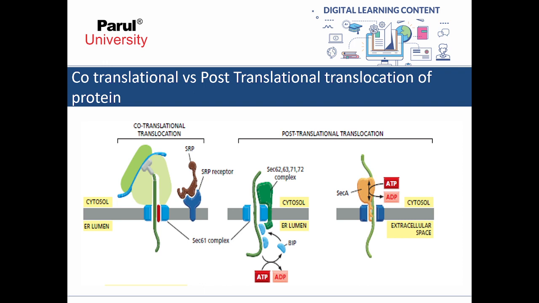The foreign peptides are loaded onto class 1 MHC proteins in the ER lumen and then transported to the cell surface. T lymphocytes then recognize the peptides as non-self antigens and kill the infected cells.